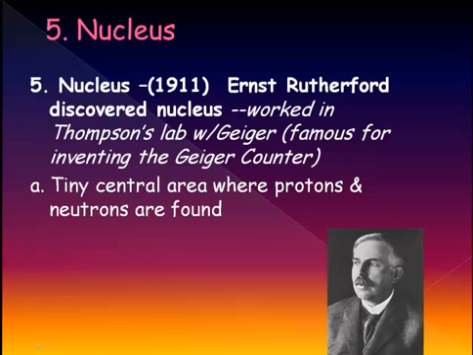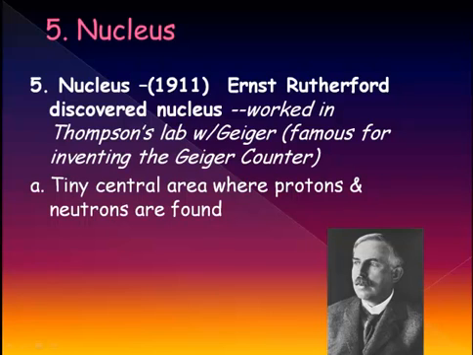Rutherford's experiment. Ernest Rutherford helped to discover the nucleus. He worked with Hans Geiger in Thomson's lab. If you remember, Thomson was the man famous for the plum pudding model of the atom. They were testing the validity of Thomson's model of the atom in a setup involving a sheet of gold foil, which we'll look at in more detail in just a couple slides.